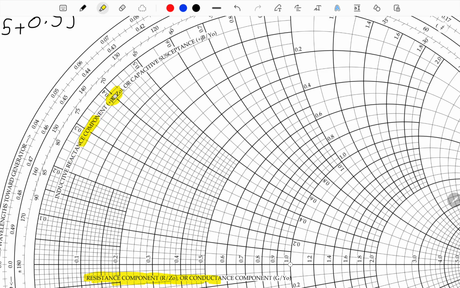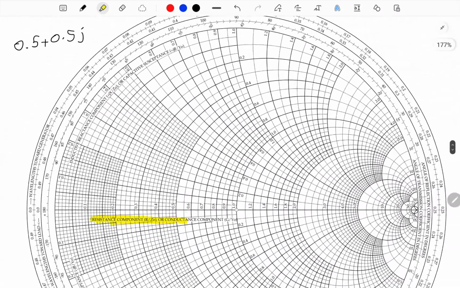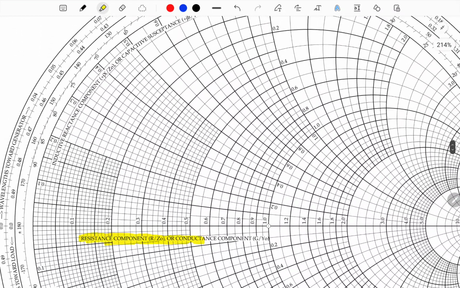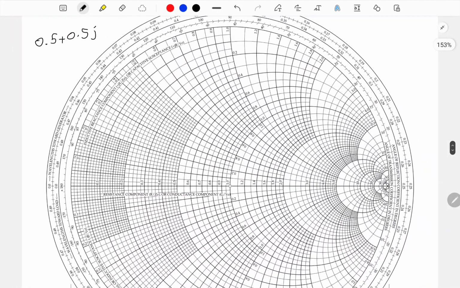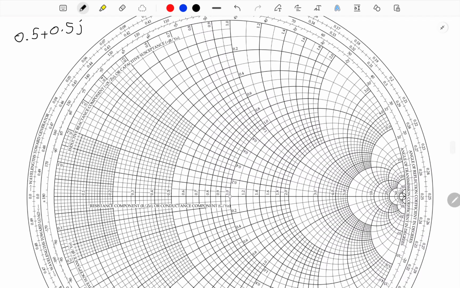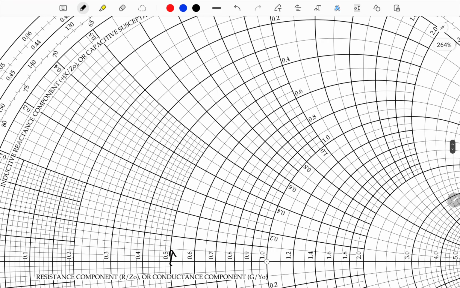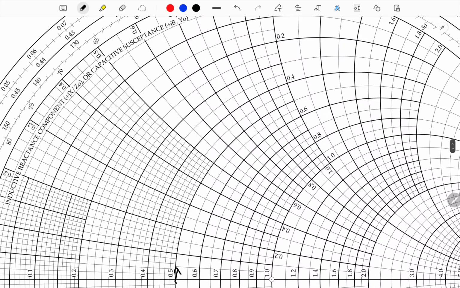And it's over Z0 as well. So everything is over Z0. That's the scale. Can you show me where 0.5 and 0.5 is? Along here, along here, so right here. Yeah, exactly. So it's right here.